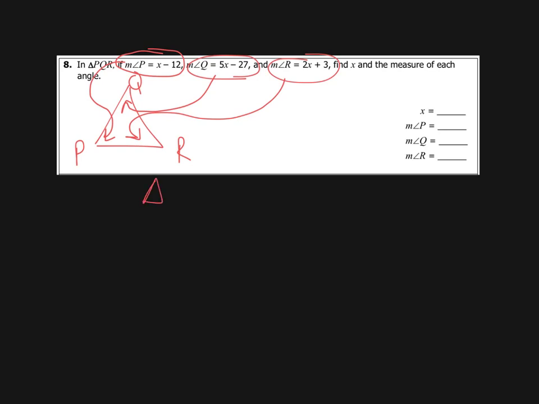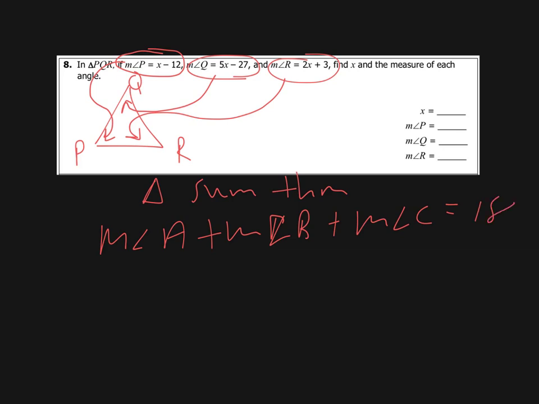We're at a Triangle Sum Theorem type question. Again, the measure of angle A plus the measure of angle B plus the measure of angle C equals 180. So we have x minus 12 plus 5x minus 27 plus 2x plus 3 equals 180.